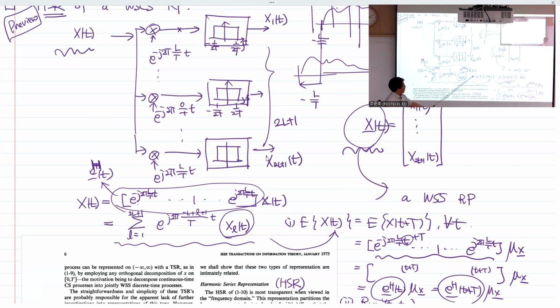Here, be careful. The component random processes must be band limited to the Nyquist zone in our derivation. It can be somehow generalized, but you may have a different result. Now, question then.